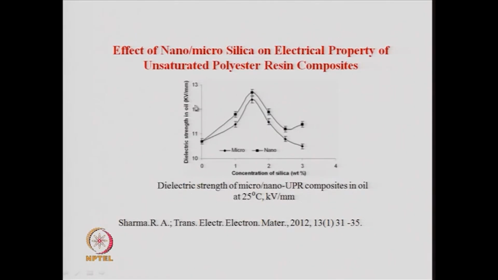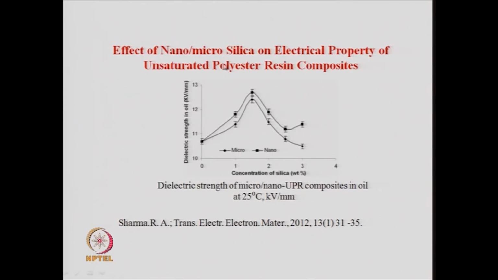This is another example where you see this on adding a small amount of silica. So, between 1 and 1.5%, the dielectric strength increases and goes to a maximum, and this is kind of similar to what we have seen earlier in barium titanate, where the dielectric constant increases by the addition of nanodopants.